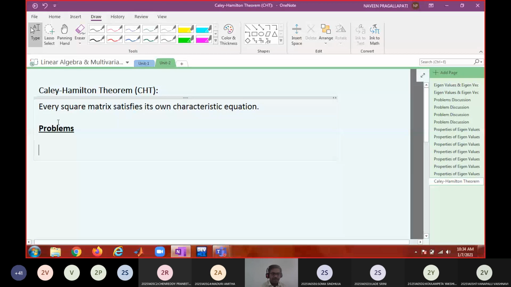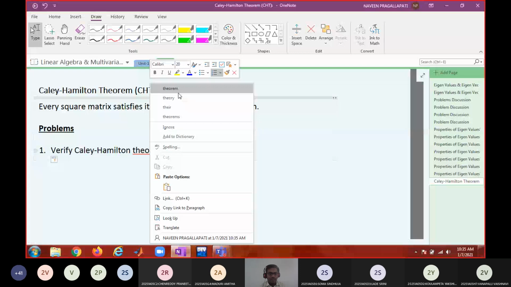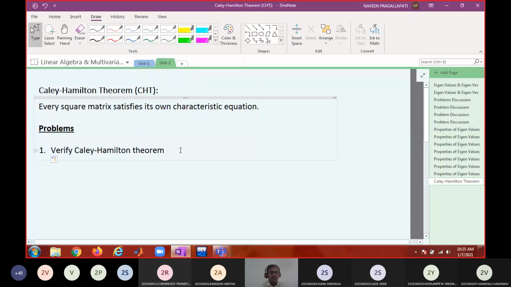Verify Cayley-Hamilton theorem for the following matrix.